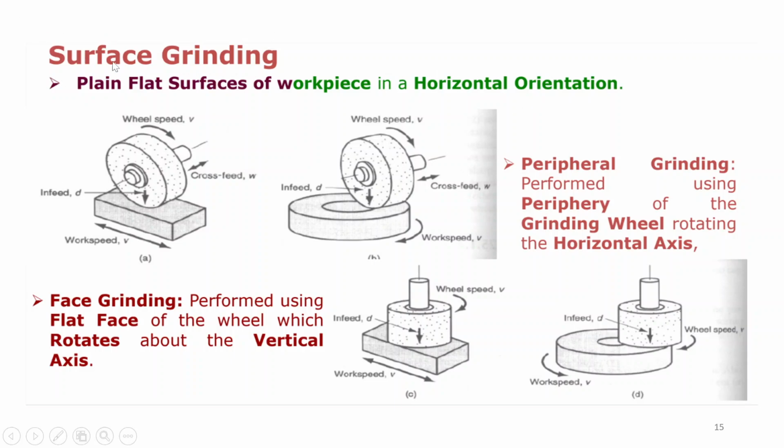First process was surface grinding. In this case there are two types, peripheral grinding and face grinding. In the case of plain flat surfaces, the workpiece is in horizontal orientation. In peripheral grinding, it is performed using the periphery of the wheel, the curved shape, with the grinding wheel rotating about a horizontal axis.